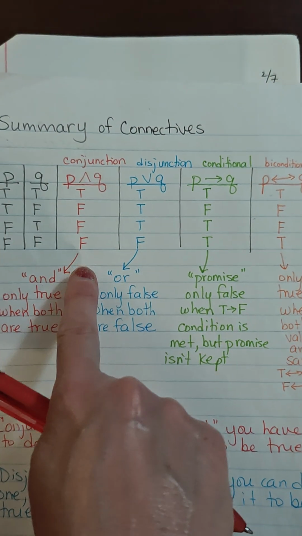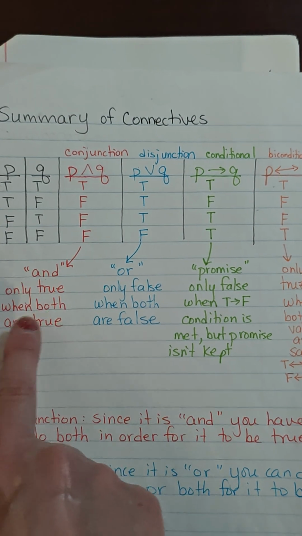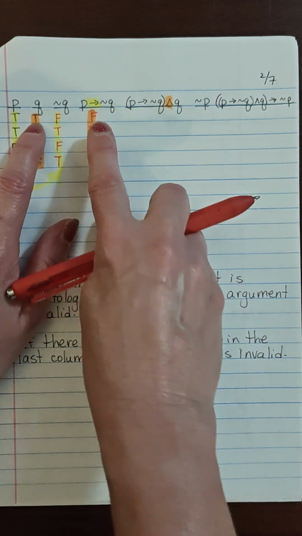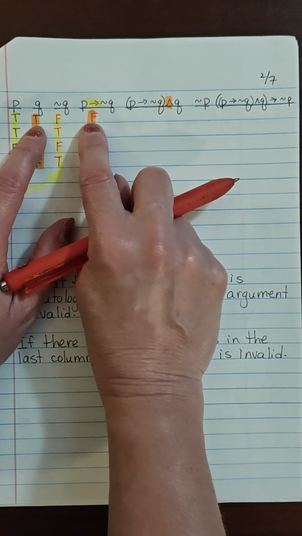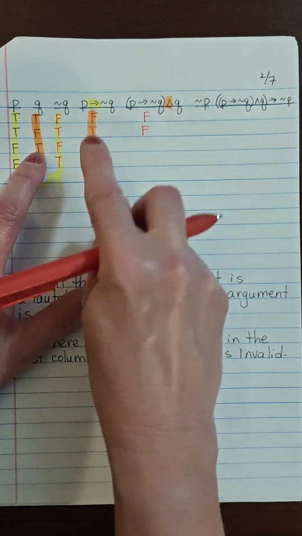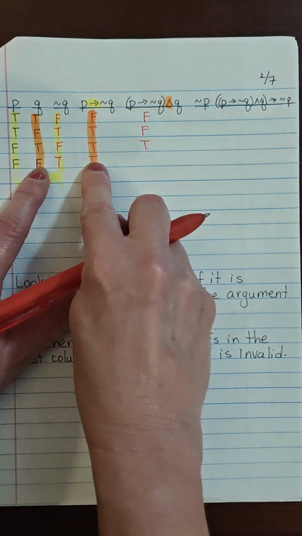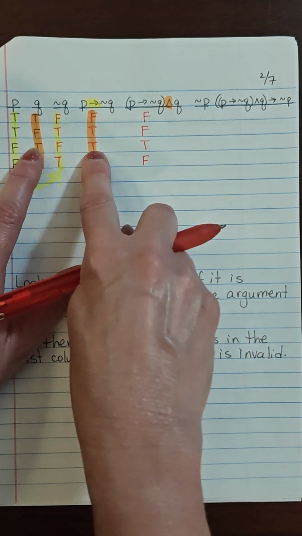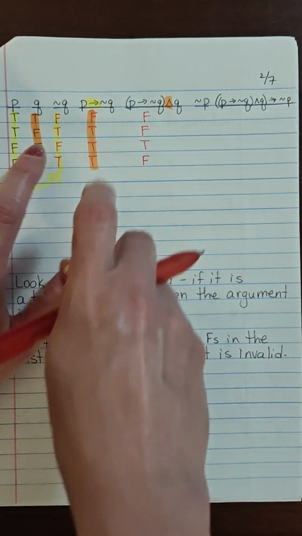The conjunction is only true when both are true. All right, this is only true when both of these are true. Both of these are not true. Both of these are not true. Ooh, both are true. Both of these are not true. This is only true when both are true.